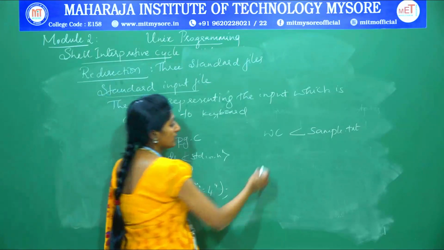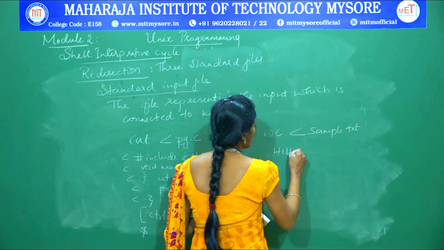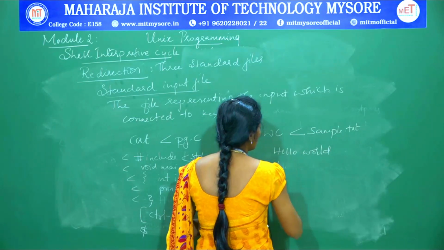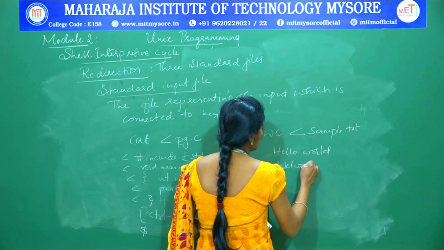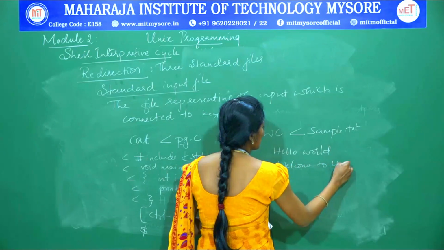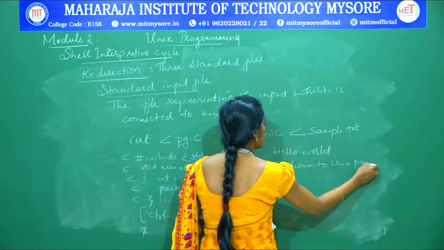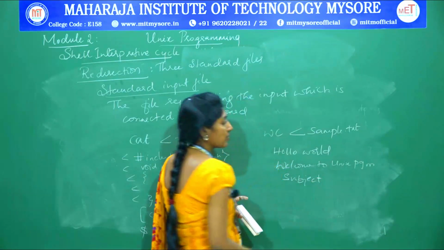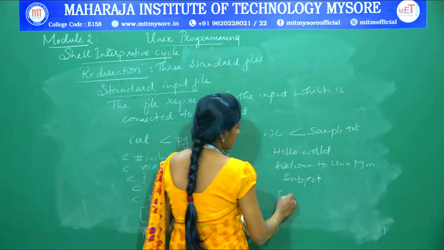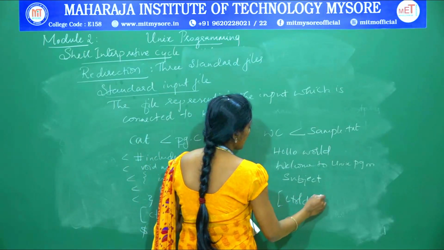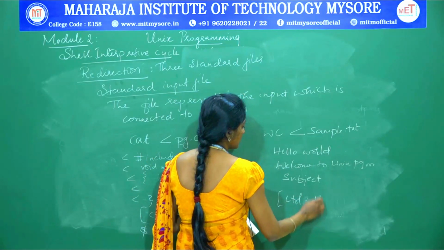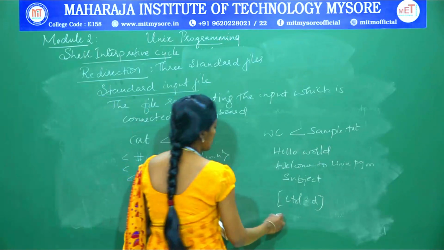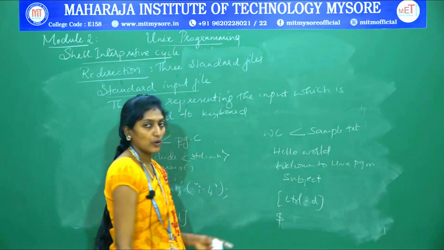So here you have to enter the content: hello world, welcome to Unix program subject. To come out of this editing mode, just press Ctrl D again. You will get the prompt and come out of that editing mode.